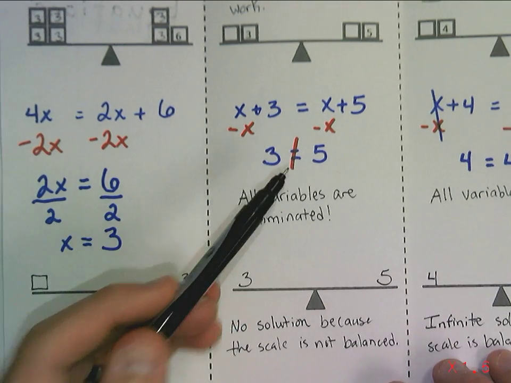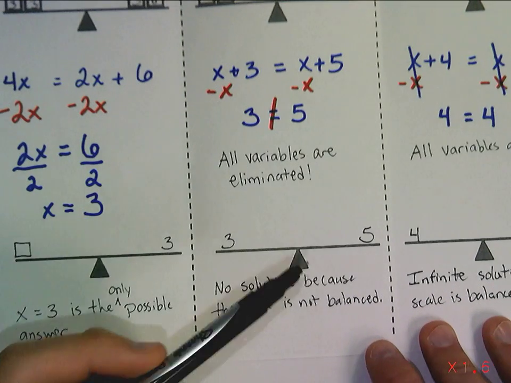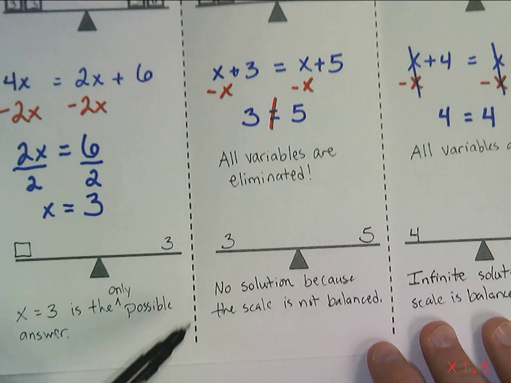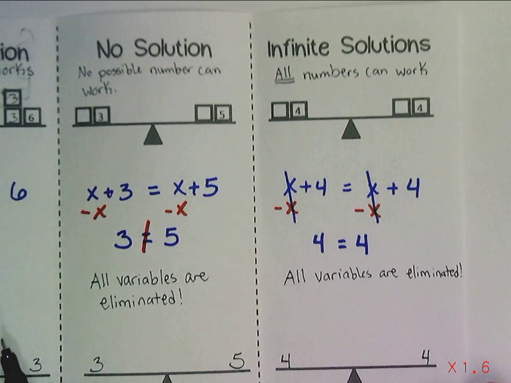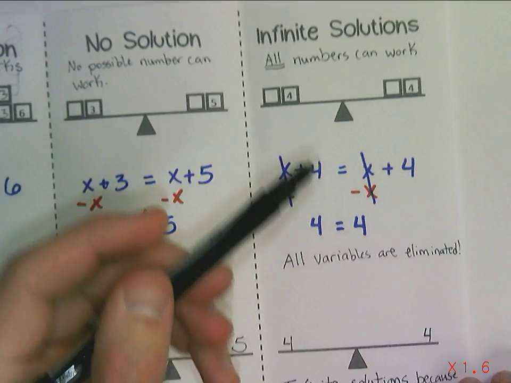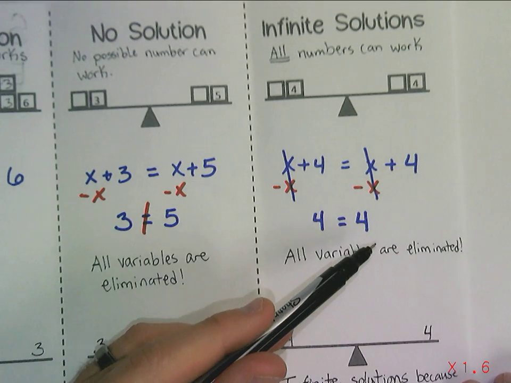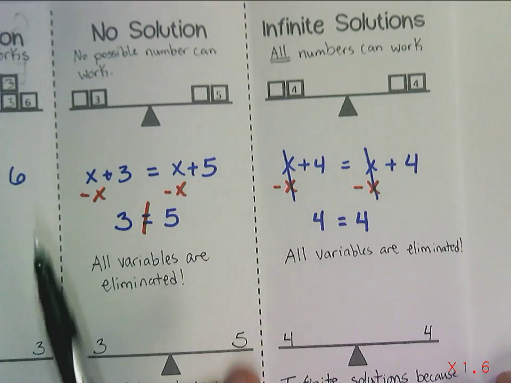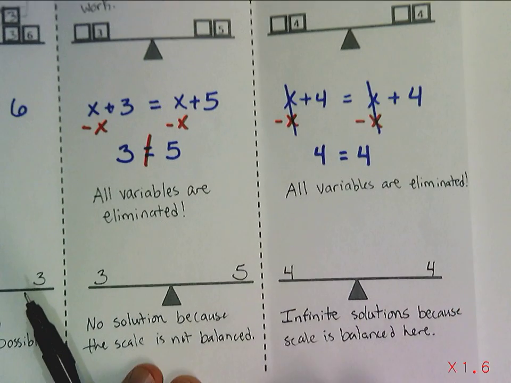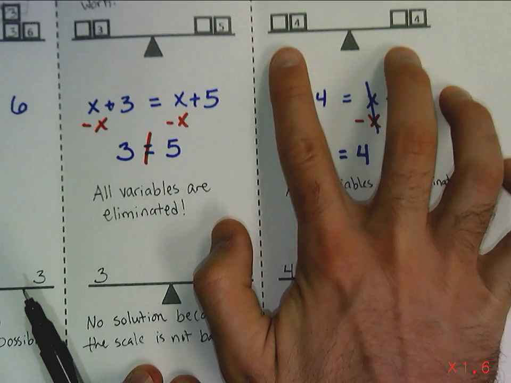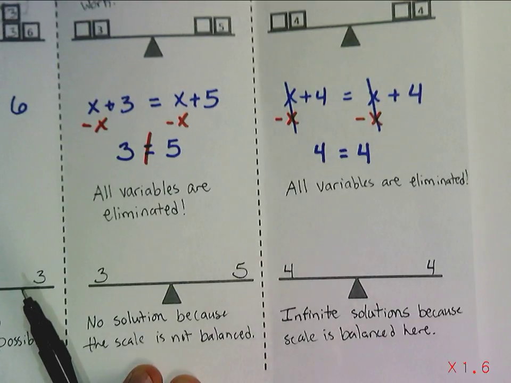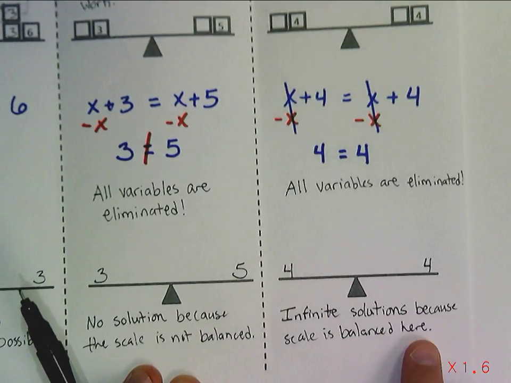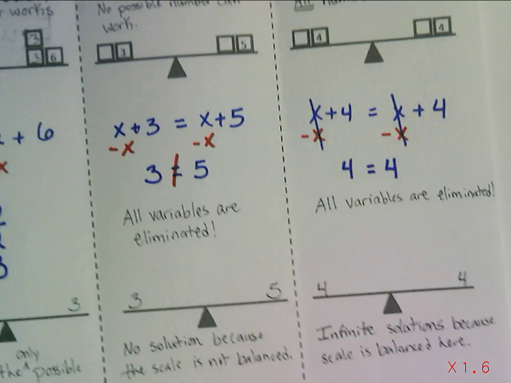So that signifies no solutions, and the scale will not be balanced. And infinite solutions because all numbers can work. You'll end up with a number equal to itself. All your variables are eliminated, and no matter what you put on either side of the scale, in this box here, or whether it's down here, it's always going to balance. So infinite solutions because the scale is balanced here.